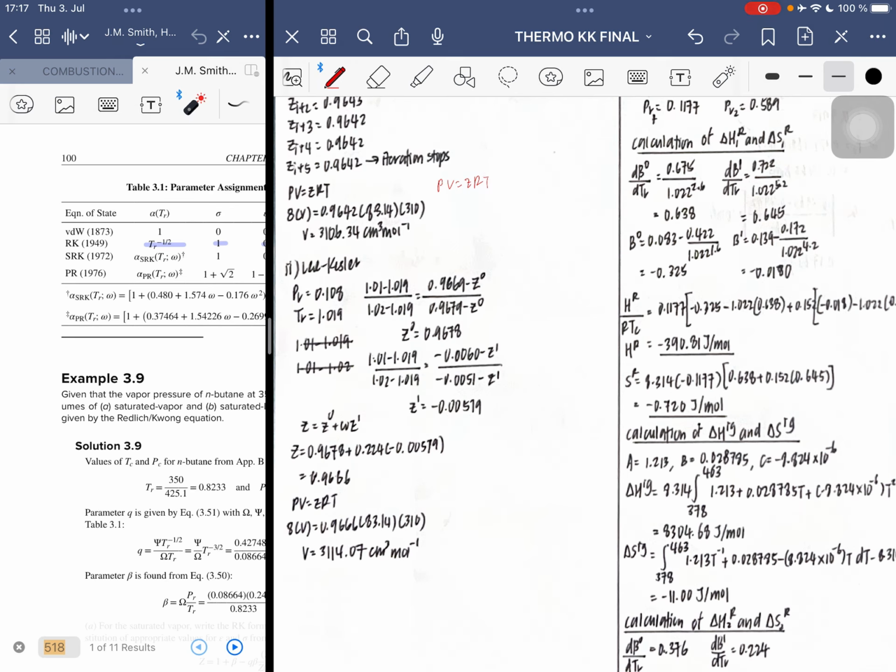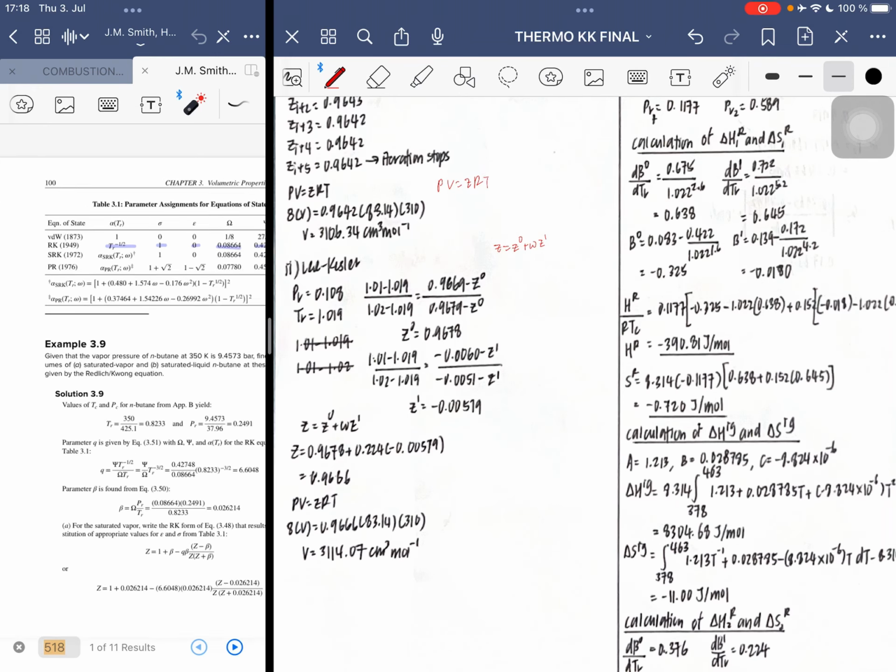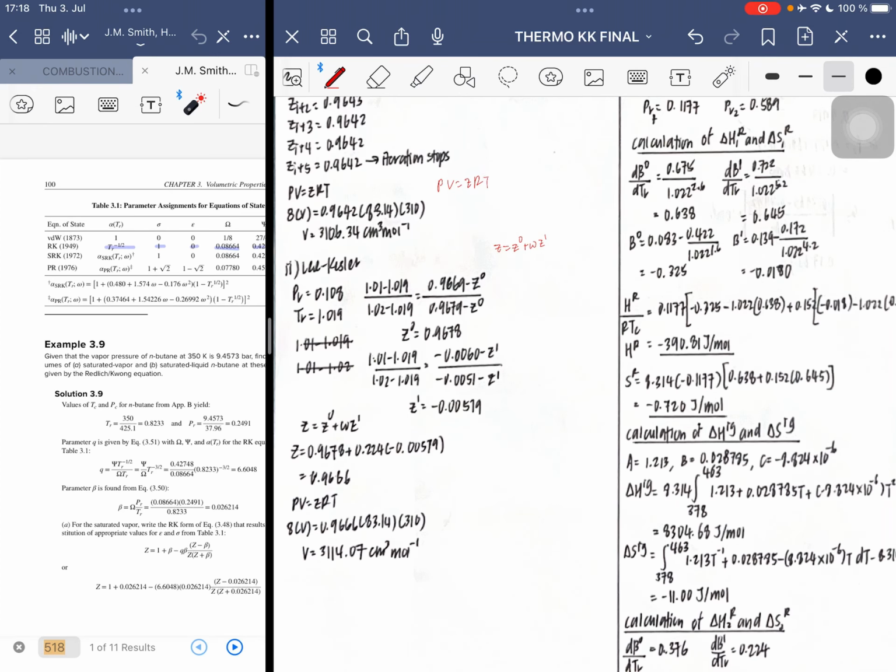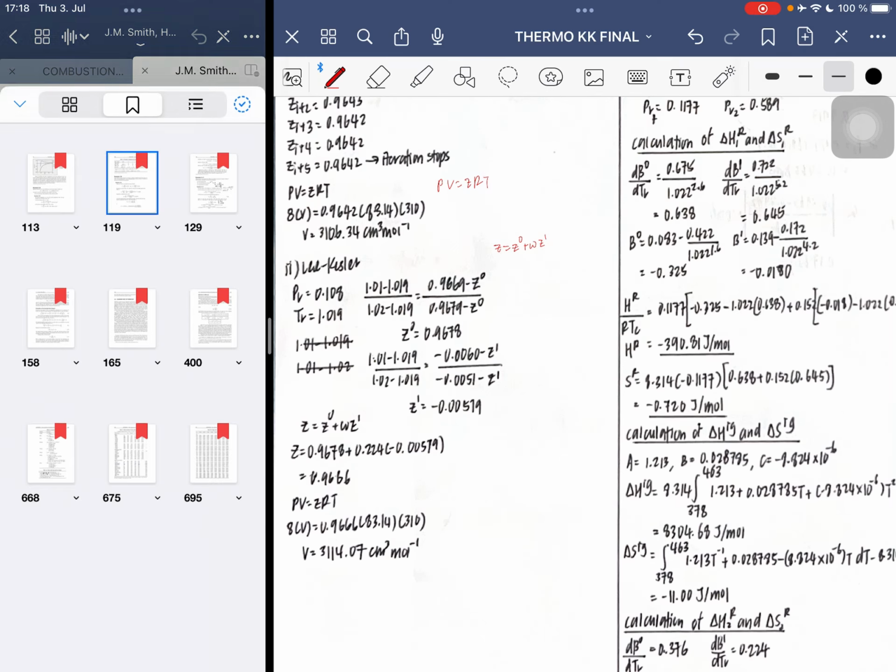But for Lee-Kesler, Z equals Z0 plus omega Z1. Z0 and Z1 you can find from the Lee-Kesler correlation tables. I think it's table C something, I'm not sure. Let me check.